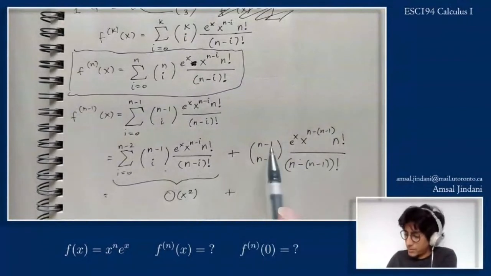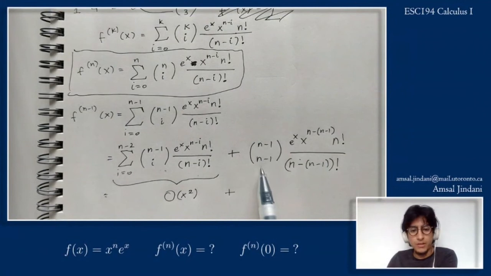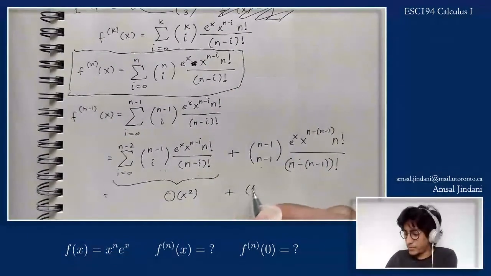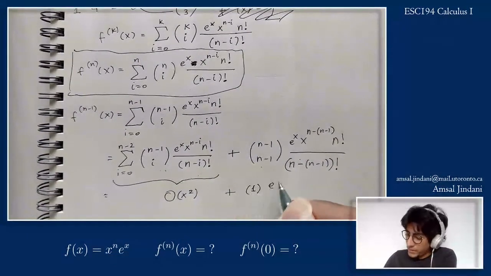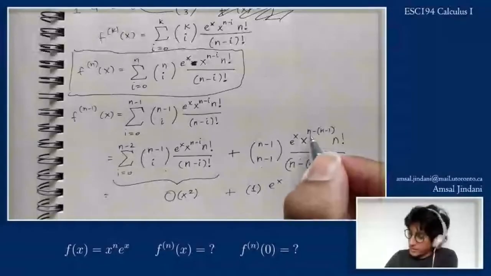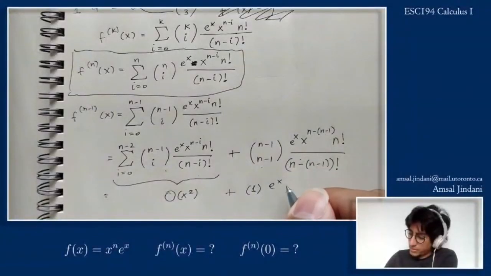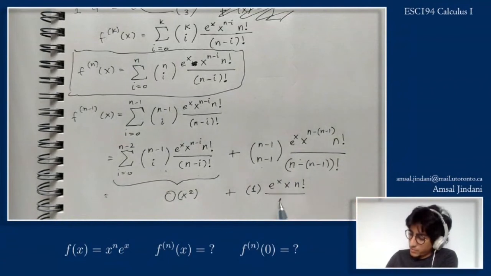Plus we have this: if I have n minus 1 things and I have to choose n minus 1 out of them, there's only one way to do it, so that's 1. And I have e to the x. What's x to the n minus 1? Well, that's just x. And I have n factorial divided by n minus n, that's 1 factorial, which is just 1, so you can just get rid of these two things.